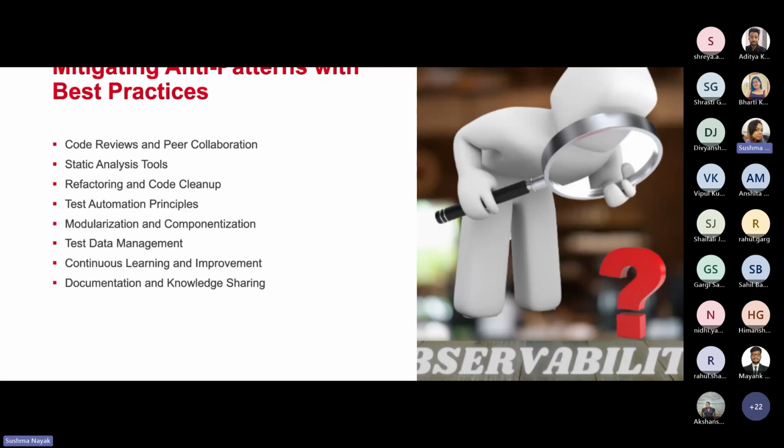We should implement test data management strategies to avoid anti-patterns. One example is that a data-driven testing approach can be used here. And then continuous learning and improvement: we should create sessions and foster a culture of continuous learning and improvement within the testing team. Then we have documentation and knowledge sharing.